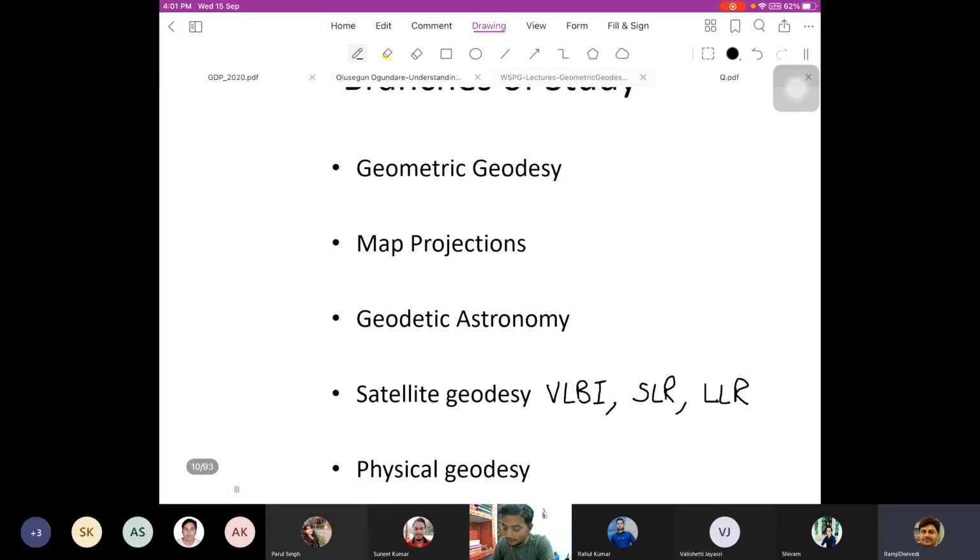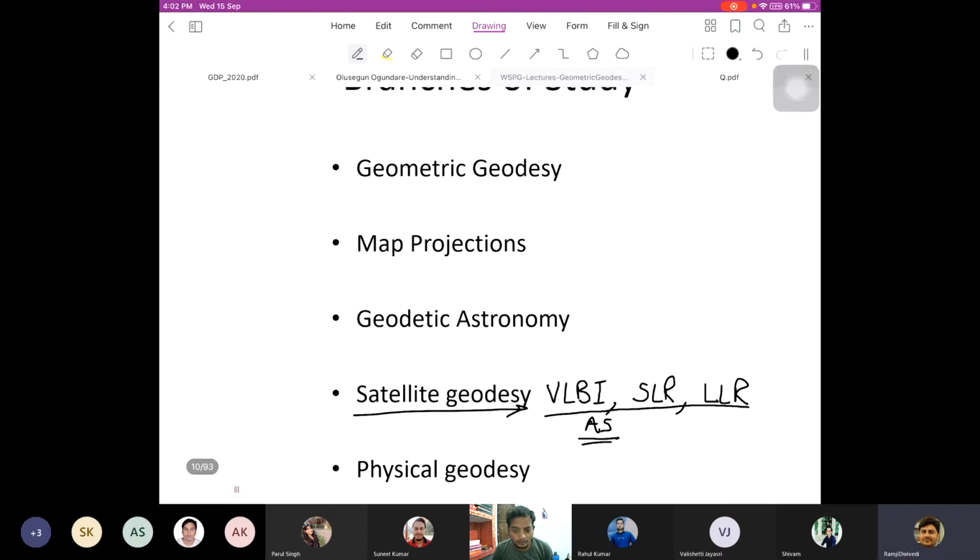These are the prime techniques. Apart from that, some artificial satellites are also coming, through which we are doing Earth observation. So satellite geodesy is being done for this purpose.